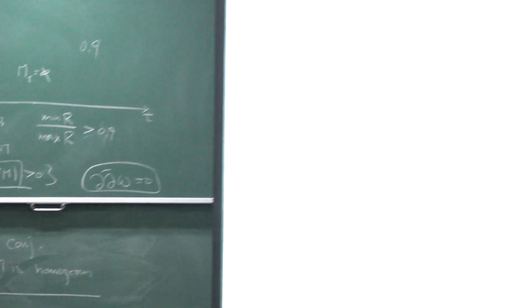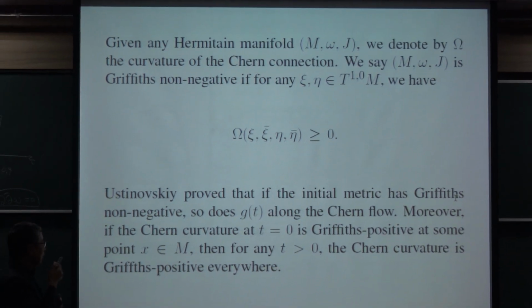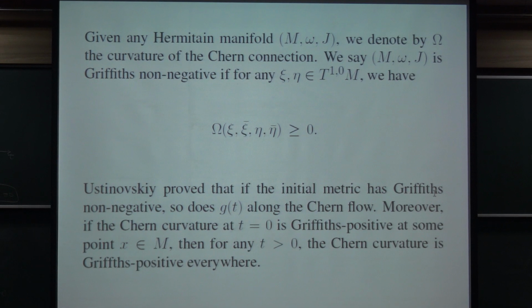Actually, at the beginning the first try was a bit wrong, because he used some others' work, and that work turns out to be wrong. Then he came back to recompute it, and in the process he found more surprising structures. The first result he proved is that if the initial metric has Griffiths non-negativity, so does g_t along this flow.